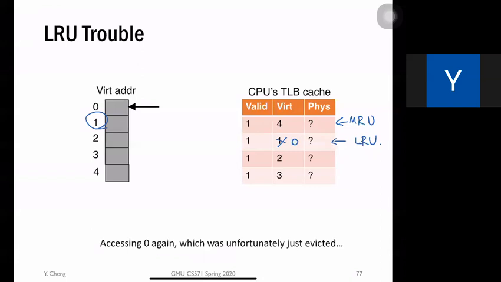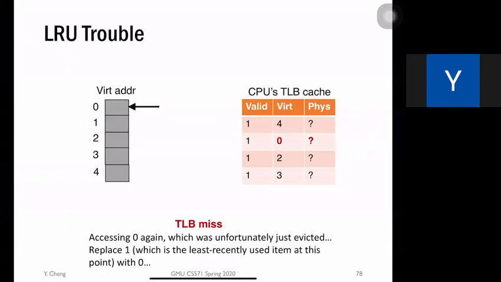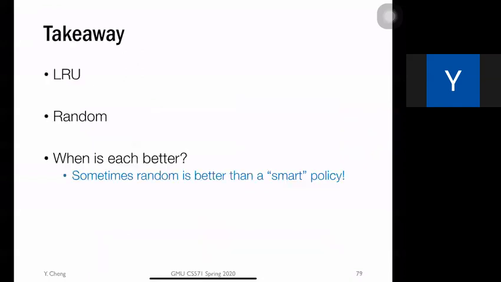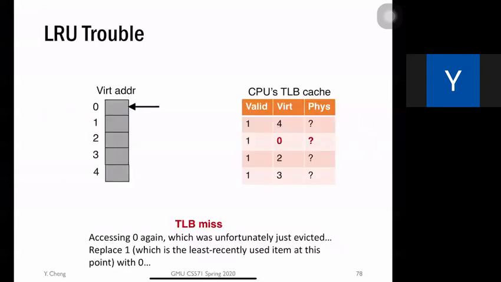Because it's just following an algorithm, which is LRU, okay? So there's another TLB miss, and you would just replace 1 with 0, which will be accessed in the near future, okay? So this is the so-called TLB trouble.